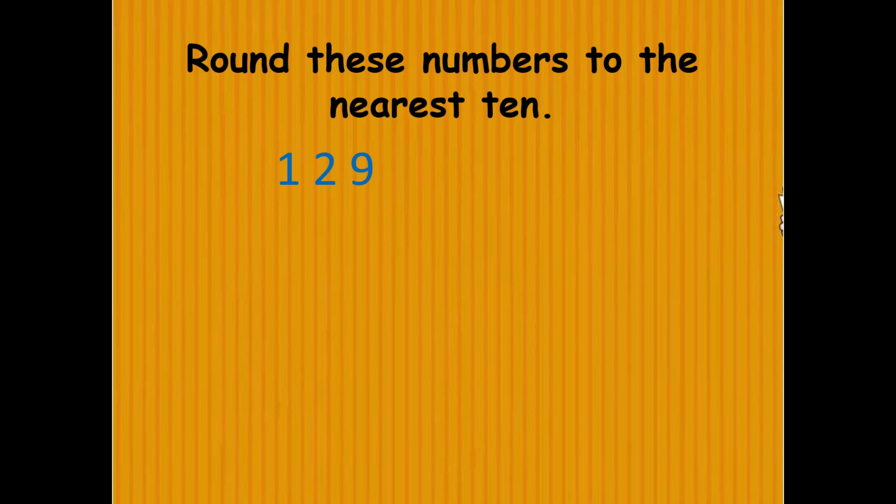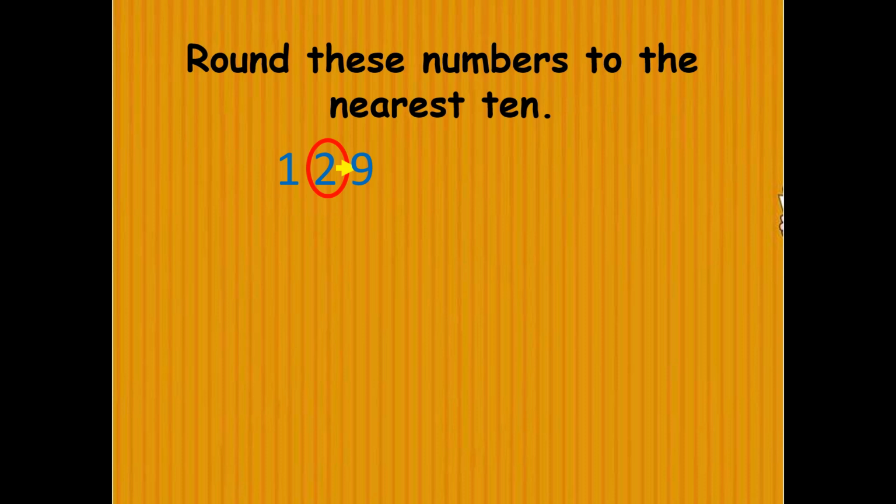Number 129. Step 1. Circle the digit in the tens place. Which digit is in the tens place? We have digit 2. And then look at the digit in the ones place. It's digit 9. Now think, number 9.